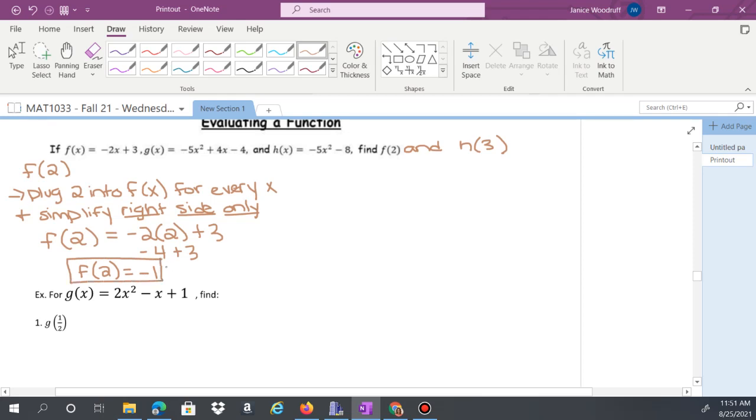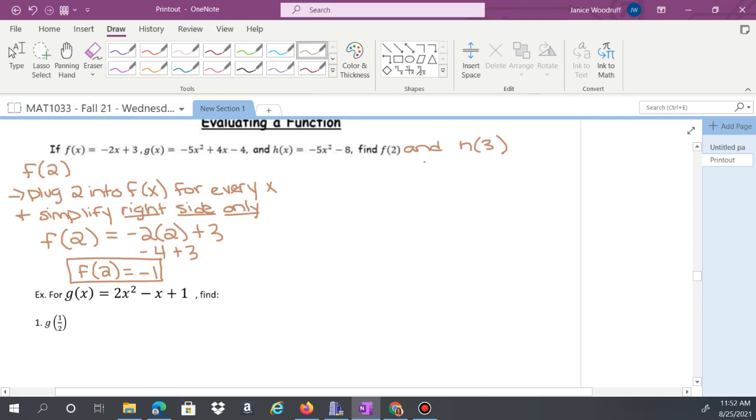We're done there. We're not solving for f. The way this reads technically is the function evaluated at 2 is negative 1. If I were to take that and put it onto a graph, this would be the point 2, negative 1.